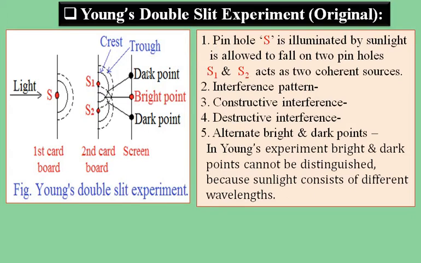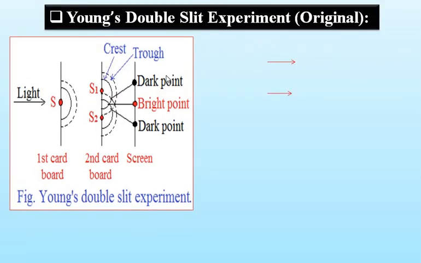Here we observe alternate bright and dark points on the screen, but in Young's double slit experiment the bright and dark points cannot be distinguished, because the sunlight consists of different colors, and due to the different colors we cannot observe a clear interference pattern on the screen.